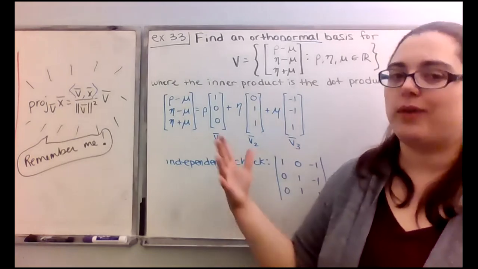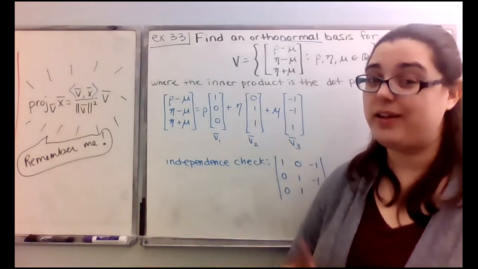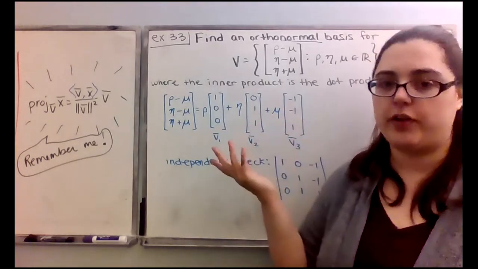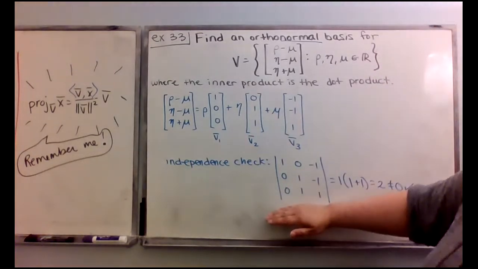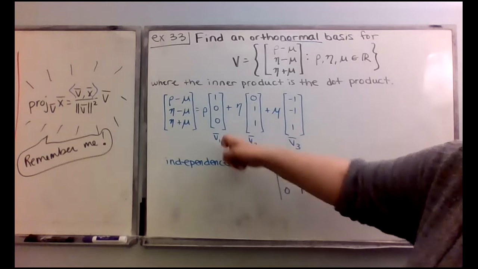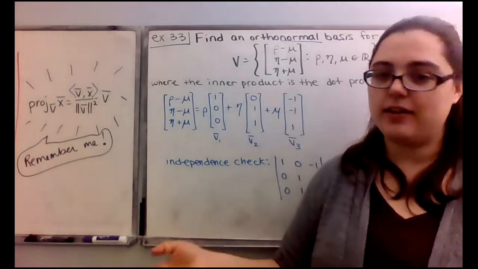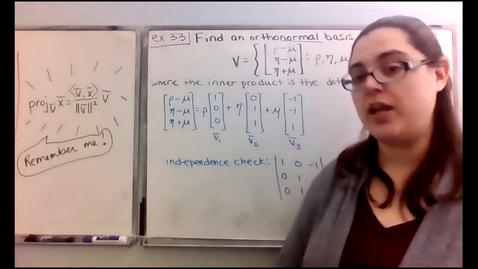And then because we want a basis, we have to check for independence. So don't skip that step. It's important to do because maybe one of these vectors is a duplicate of others. So for my independence check, I just found the determinant of the matrix whose columns are these three, making sure that it's not 0. It wasn't 0, it's 2, which means that they are linearly independent, which means these three vectors are going to form a basis for us.